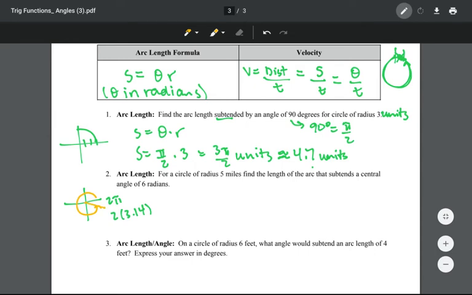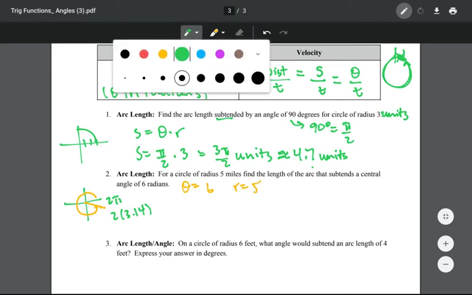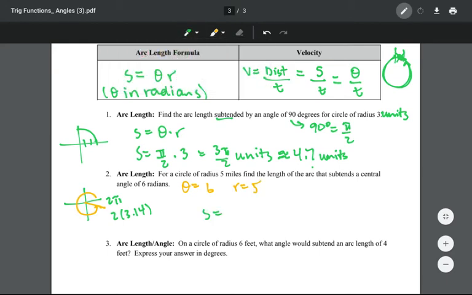So theta is equal to 6, and r is equal to 5. S is equal to theta in radians, which is 6, times r, which is 5. I'm going to pick up the units of my radius, which is miles. 6 times 5 is 30 miles.